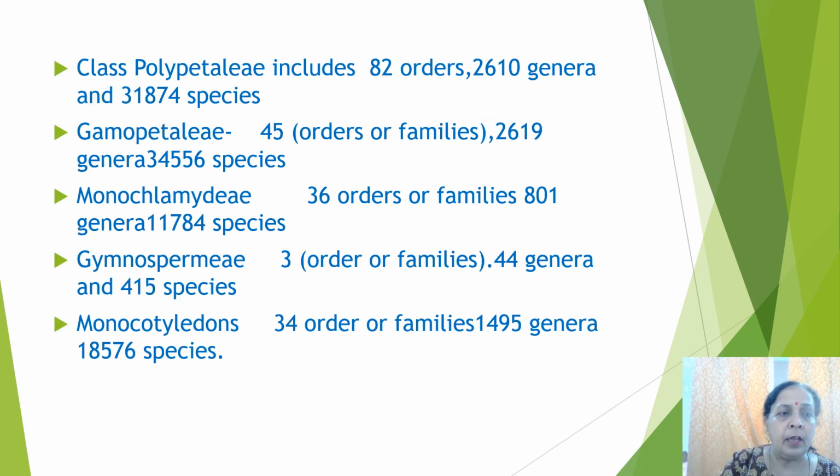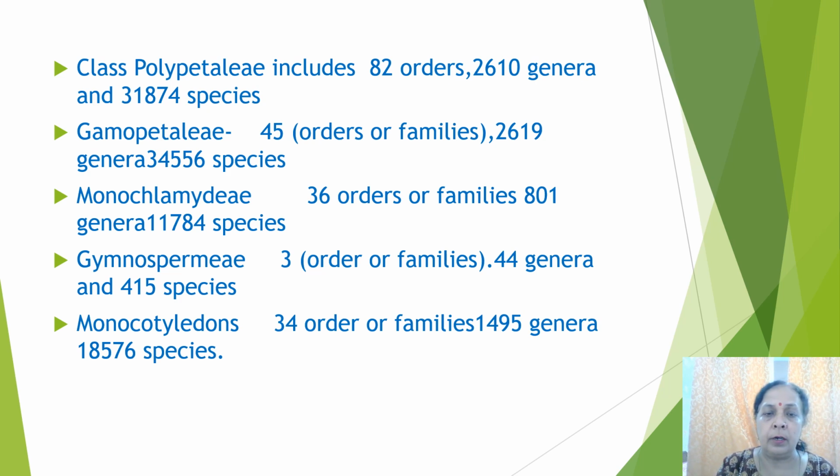In this classification, class Polypetalae includes 82 orders, 2,610 genera, and 31,874 species. Here orders are equal to the families. Gamopetalae includes 45 orders which are equal to the families, and 2,619 genera, 34,556 species.